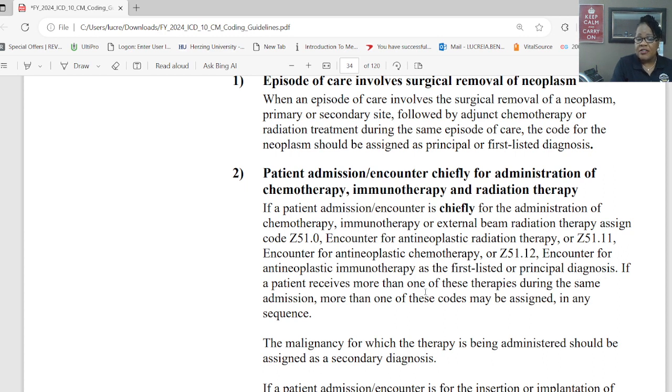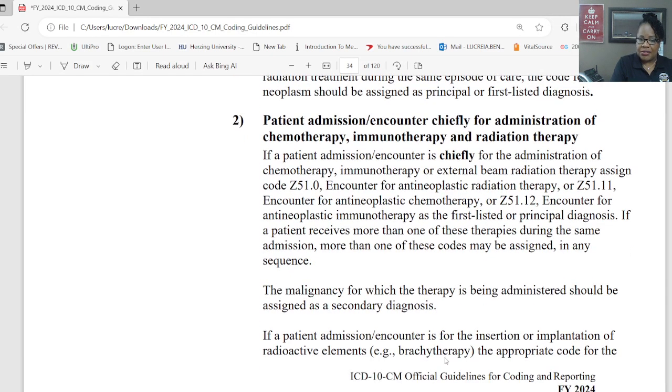If a patient receives more than one of these therapies during the same admission, then more than one of these codes may be assigned in any sequence. The malignancy for which the therapy is being administered should be assigned as a secondary diagnosis.